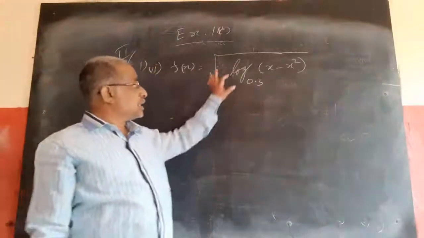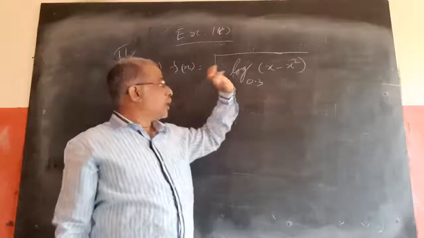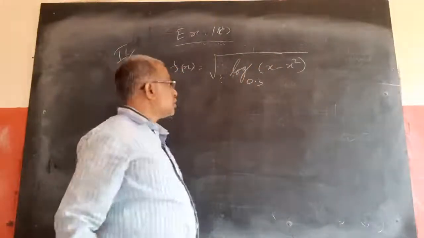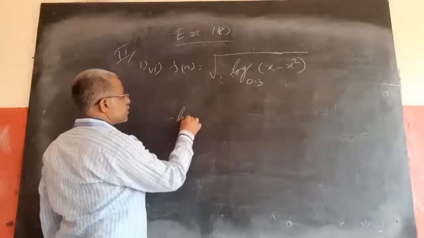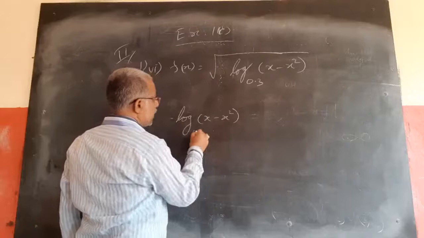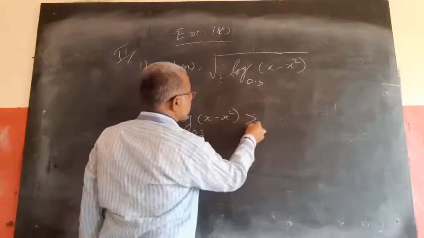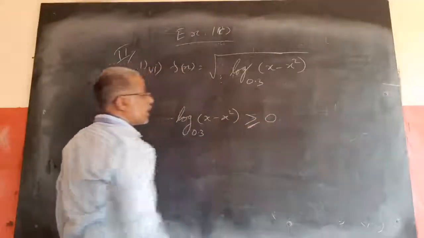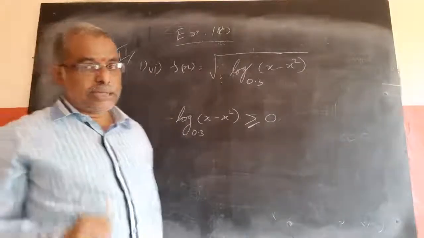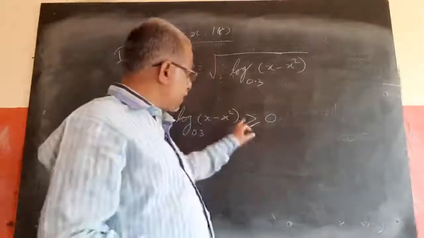First thing, root is defined only for non-negative values, so this whole value should be greater than or equal to 0. So log of (x minus x square) base 0.3 must be greater than or equal to 0, because root is defined for positive values including 0. That's why I am giving equal to 0.